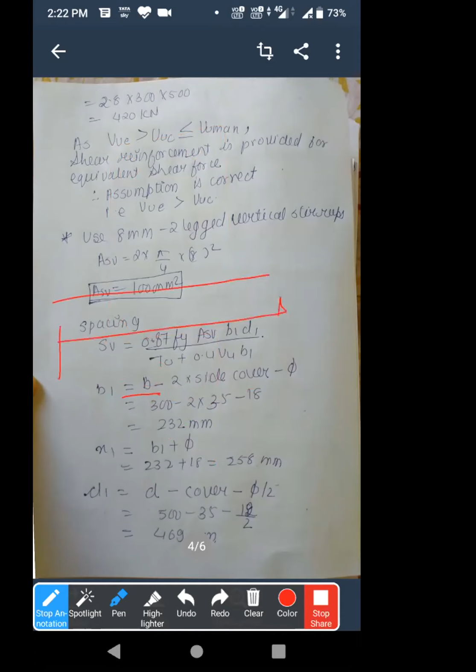How to calculate this? You have to subtract from the whole B. This is your B, and your bars are provided here.